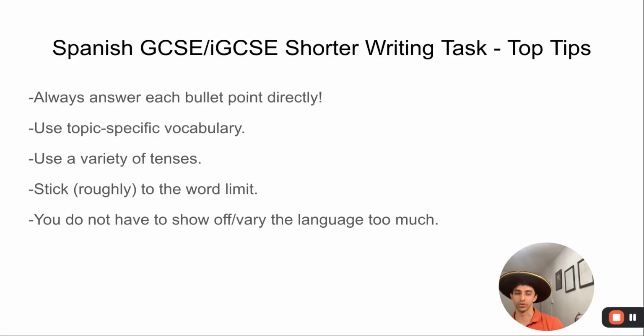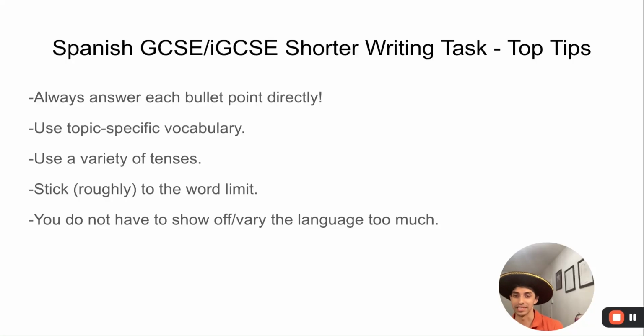And remember that for the shorter writing task, at least, you do not have to show off or vary your language too much. So this is not actually the place to use as many complex phrases or grammar structures as possible. Certainly, I would try and vary your grammar somewhat and the language. And for Spanish in particular, there's such a wide variety of verb tenses out there that you're certainly able to do that.